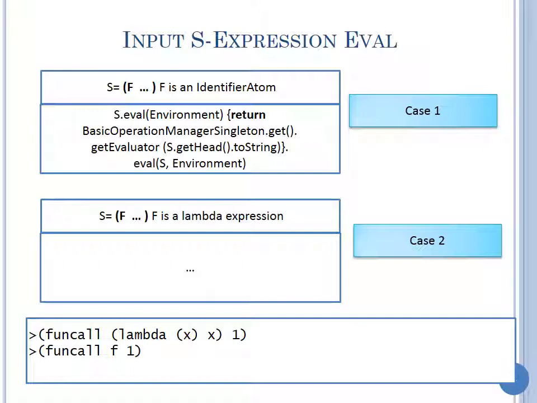That's why I said italic quotes. So if it's an identifier, it's a lookup. But I can also do funcall of a lambda expression. Right. So if the second parameter is a lambda expression, you just evaluate with the third argument. So what we essentially have to do is evaluate the second argument.